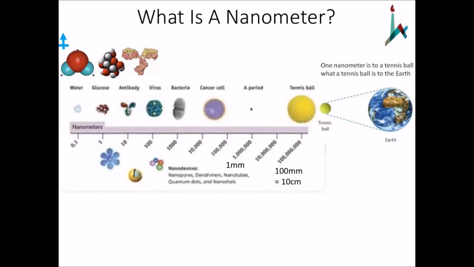So a small molecule like water is on the order of an angstrom. A larger molecule like an antibody, and you hear about antibodies all the time today, is on the order of 1 to, say, 3 to 4 nanometers, depending on size.